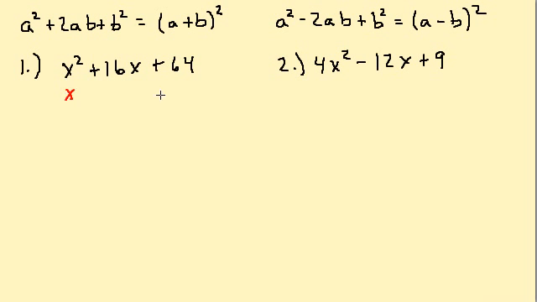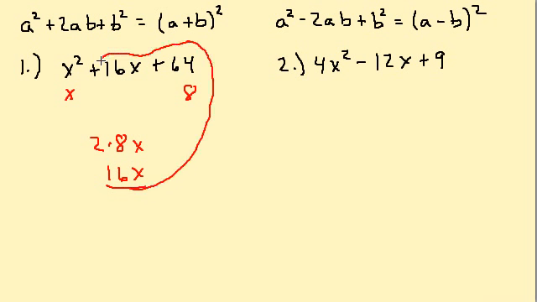The square root of 64 is 8. So if I multiply those together, x times 8, that gives me 8x. Then if I double it, I get 16x, which is my middle term.